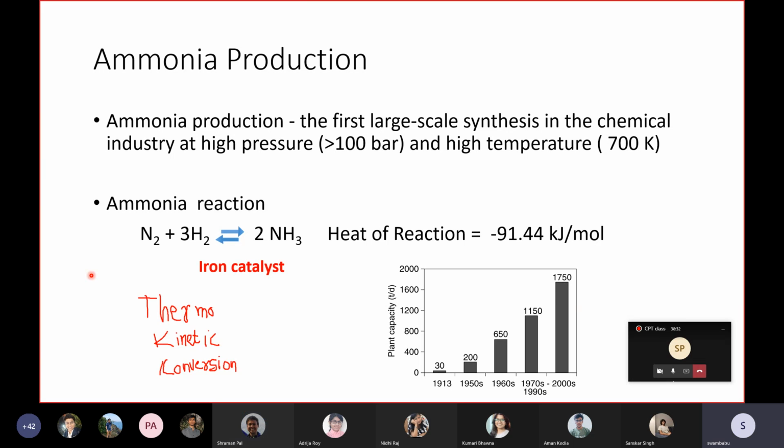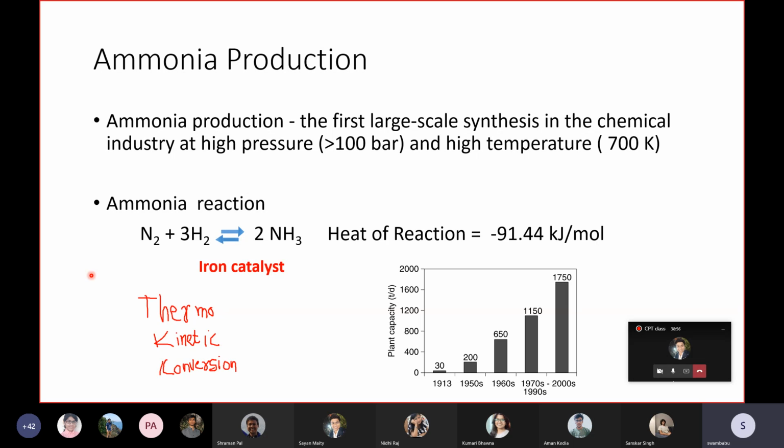Okay, endothermic and exothermic. Sir, feasibility of the reaction. Very good. Feasibility of the reaction is known from thermodynamics, whether this is possible or not. Very good. Any other? One more also we can find out.